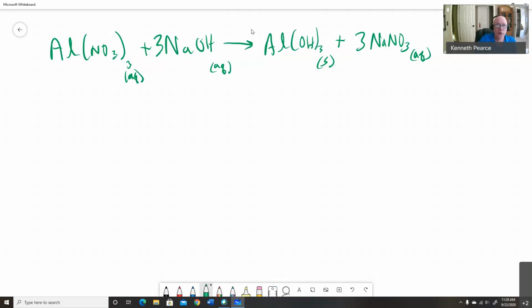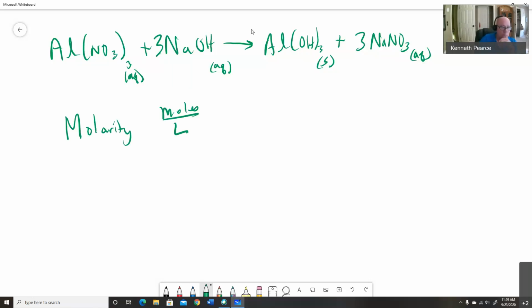So we can go ahead and write out a problem similar to what we did in chapter 3. Okay, but what we're going to do with this problem is use something called molarity. Molarity is moles per liter.